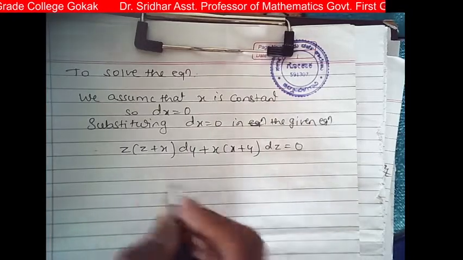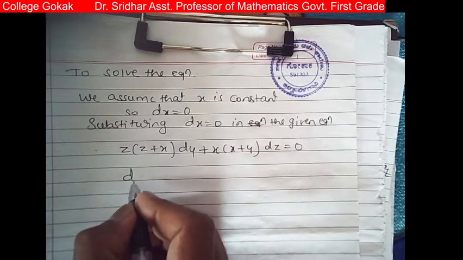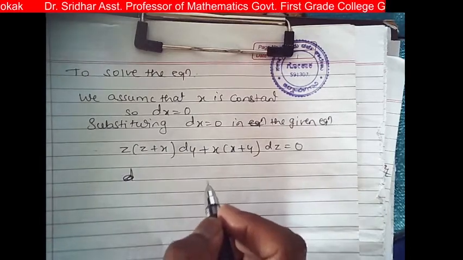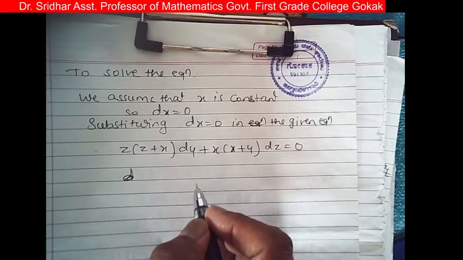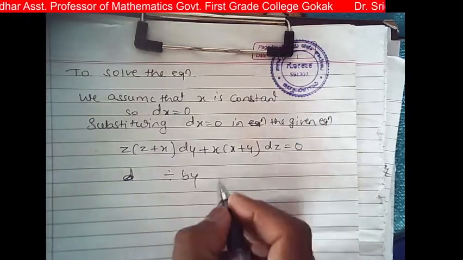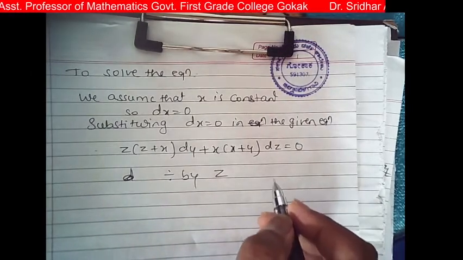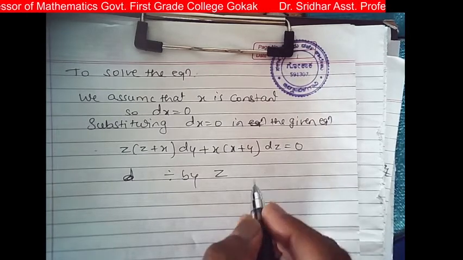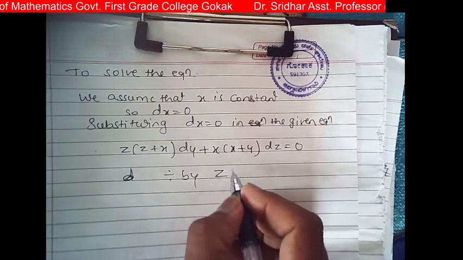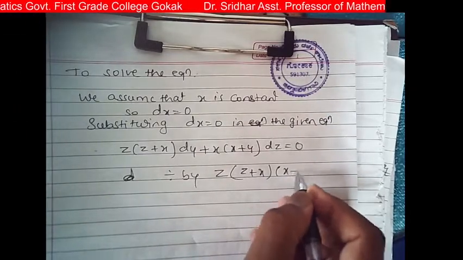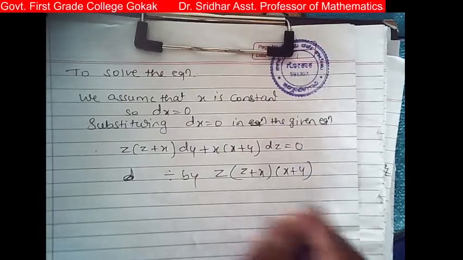Okay, or otherwise this is dividing throughout by z into (z plus x) into (x plus y) throughout.